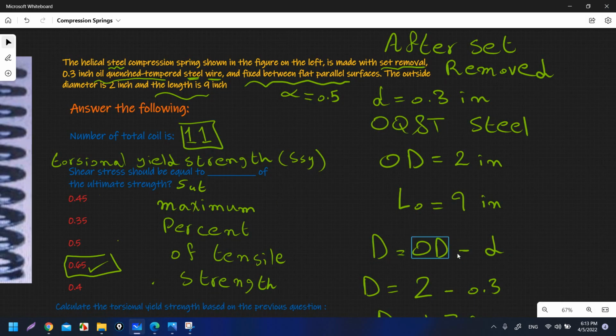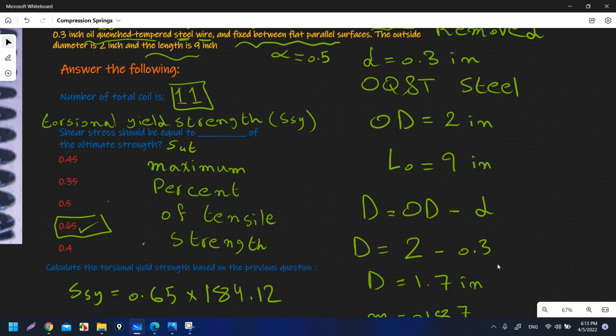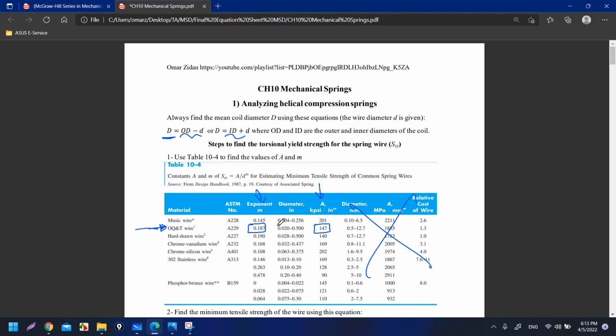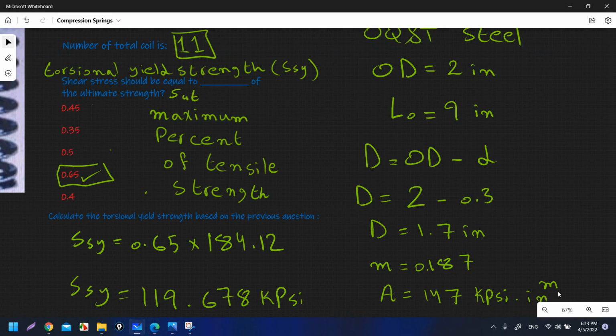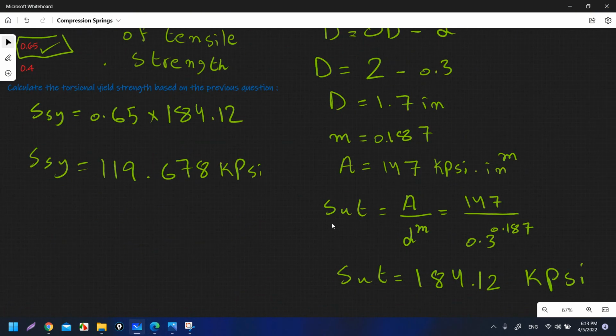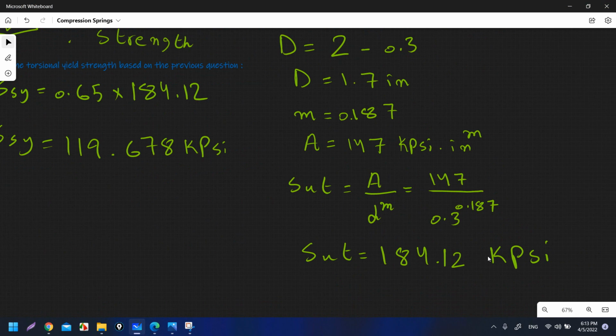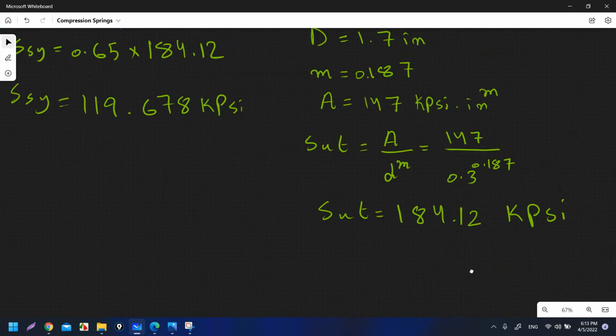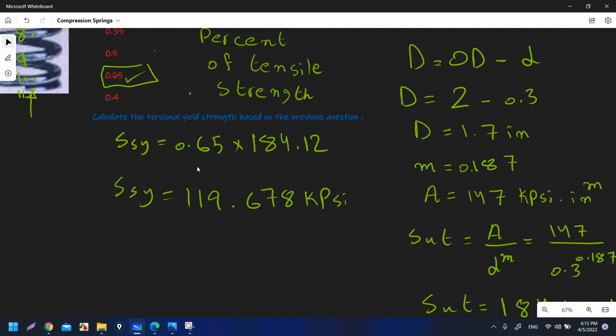D is equal to outer diameter minus wire diameter, 2 minus 0.3, which is equal to 1.7 inch. From table 10.4 we get m and the exponent and A, and then we use this equation to calculate SUT. After we calculate SUT, 184.12 kilopound per square inch, we multiply it by 0.65. Then we can find SSY, the torsional yield strength.